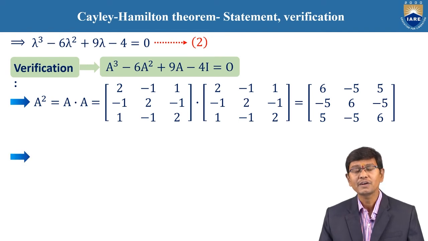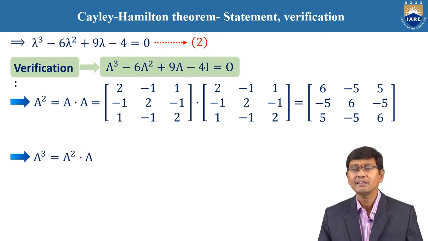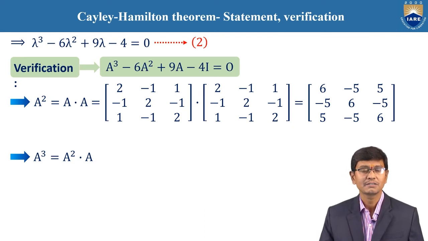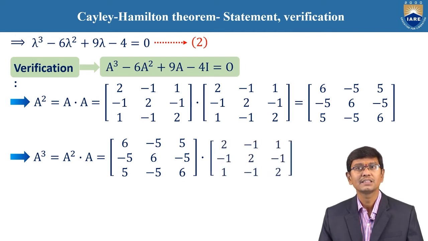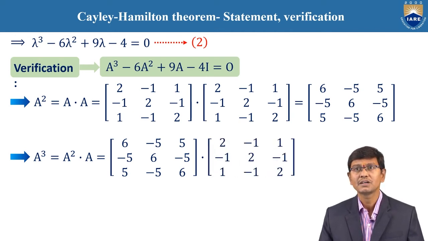And now we want to find out one more value, that is A cube. That A cube is equal to A square into A. And again, we already completed A square. Therefore, with the help of the given matrix, A square into the given matrix is equal to [6 -5 5; -5 6 -5; 5 -5 6] into the given matrix, once again [2 -1 1; -1 2 -1; 1 -1 2].